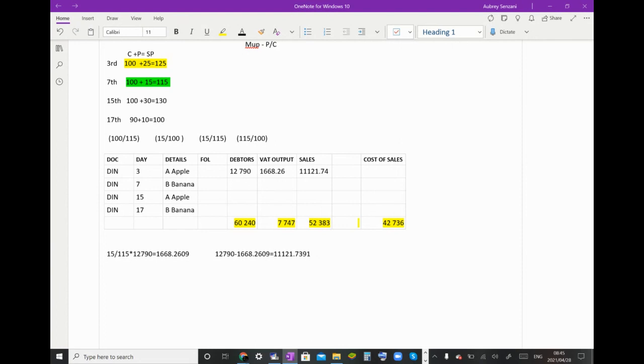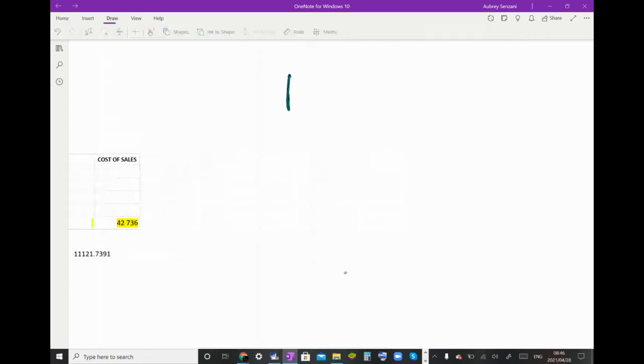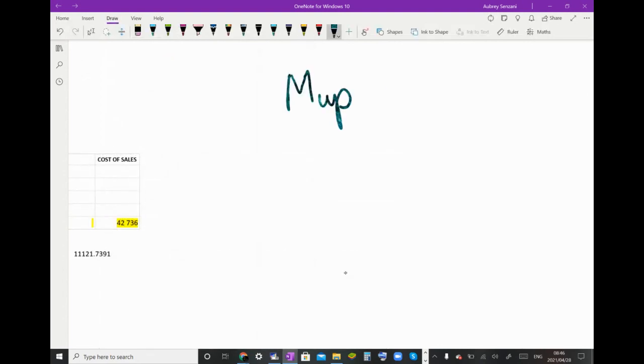So here we know we're using the VAT exclusive amount, and we're saying, remember they gave us the markup. They said the markup was 20%. Okay? And remember, I told you guys, if they don't tell you whether it was on cost or whether it was on selling price, like they've done over here, you then now need to say, what's the formula for markup? Somebody tell me, what's the formula for markup?